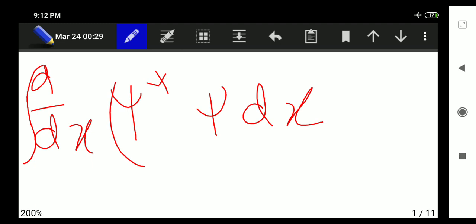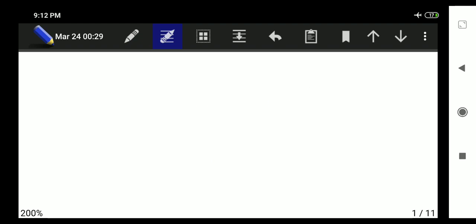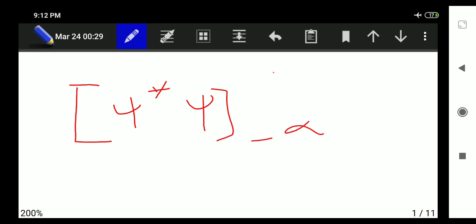Integration, then again differentiation, that means those get cancelled out. The limit was minus to plus infinity. Ultimately you will have psi star psi from minus to plus infinity.